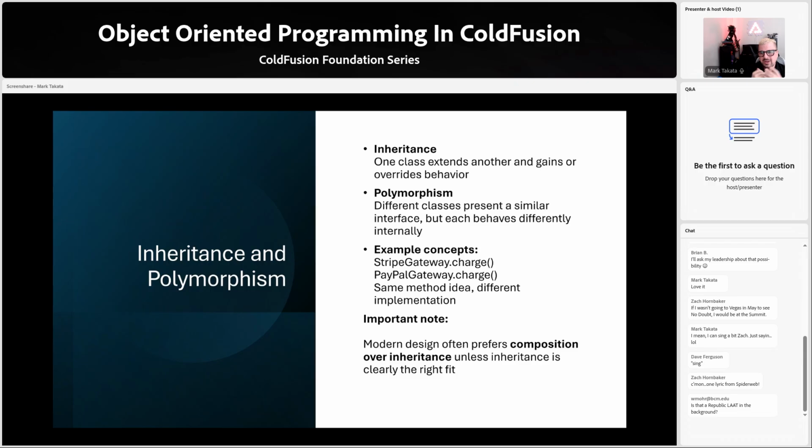Okay, so here's the note, and I've been talking about this: composition over inheritance. These days, in the modern way of doing things, we prefer composition over inheritance unless inheritance is very, very clearly and cleanly the way to do things. And here's the reality of the situation. None of us are mind readers.